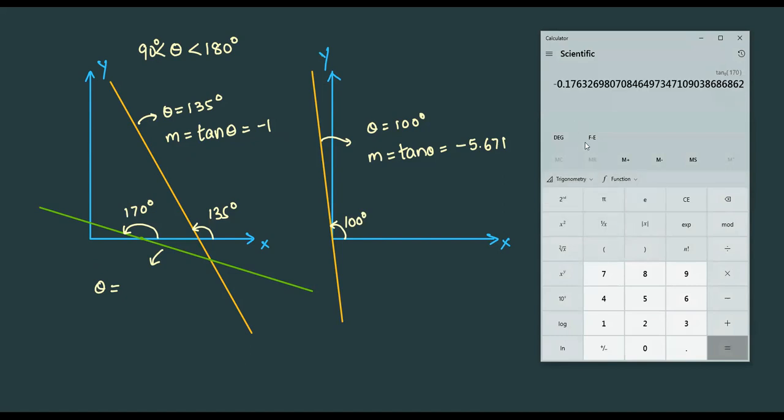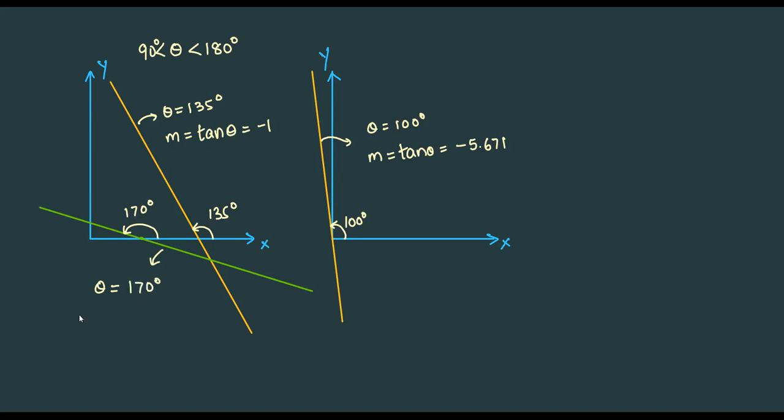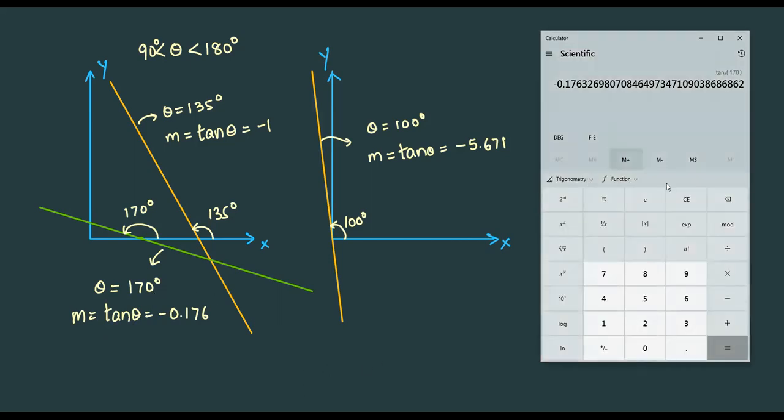Tan of 170 is a very small number. Theta is 170, this is minus 1.176. Okay. So that is the tan value. Now, if I go close to 180, see what happens.